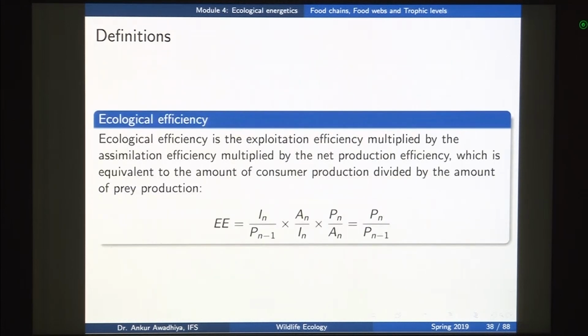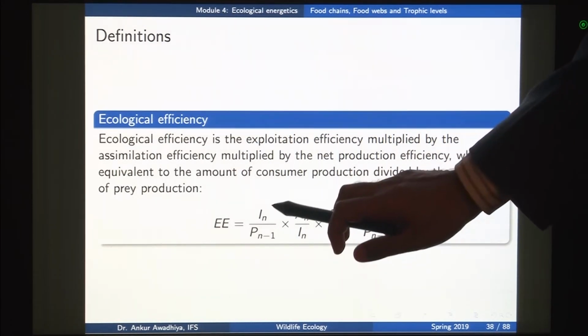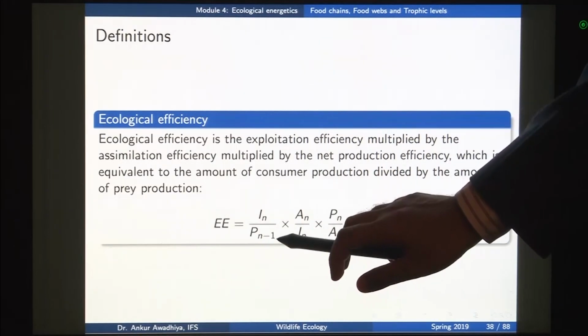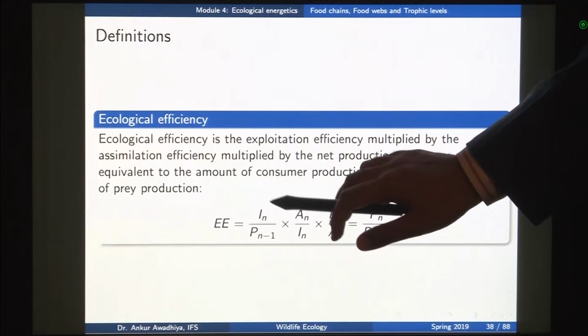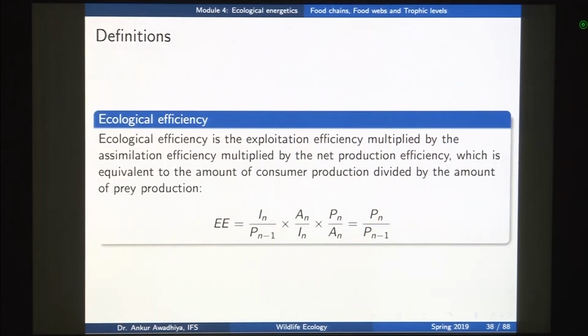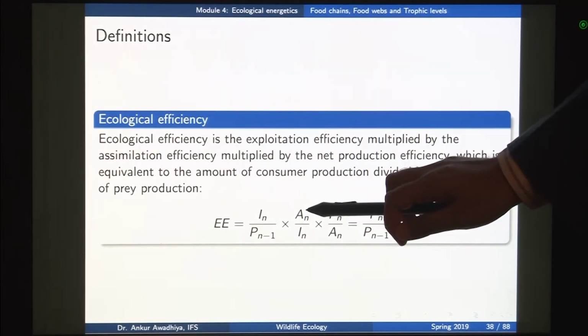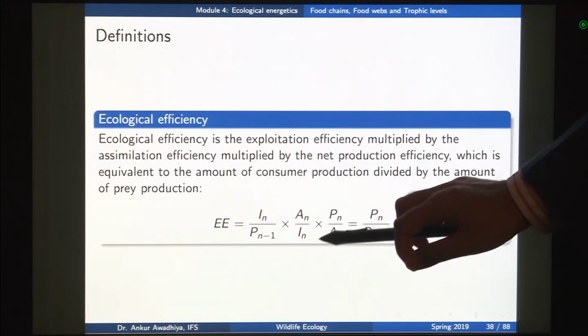And from all of these we come to the ecological efficiency. Now, ecological efficiency is the exploitation efficiency, that is I n divided by P n minus 1, the amount that was produced in the previous trophic level, where I n is the amount that is ingested at this trophic level. You multiply that by the assimilation efficiency, which is the amount assimilated divided by the amount ingested.